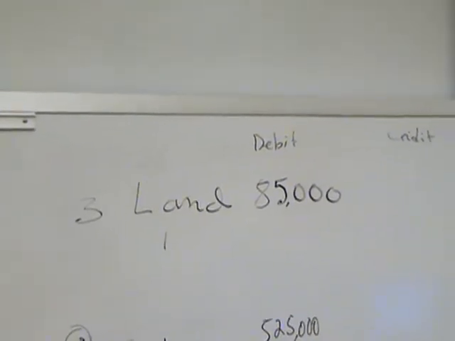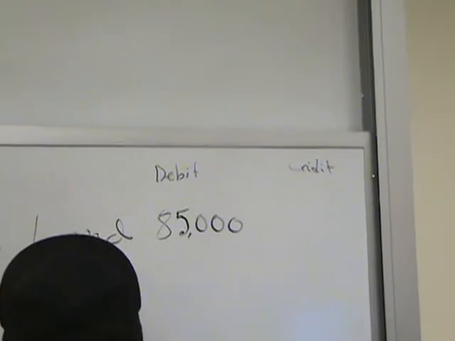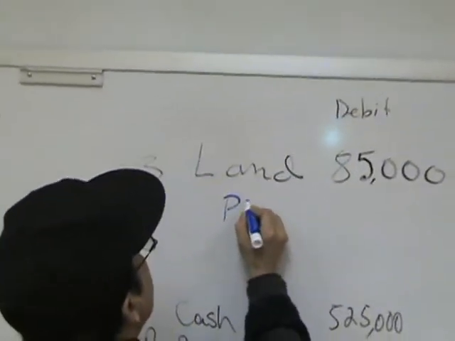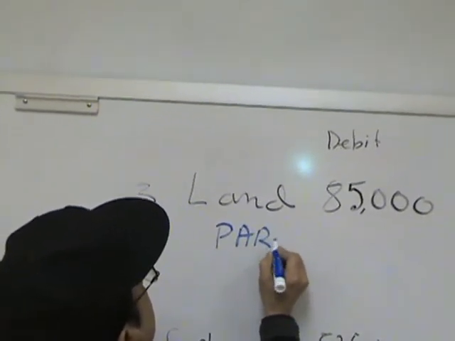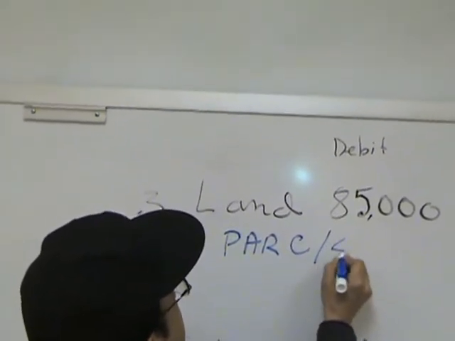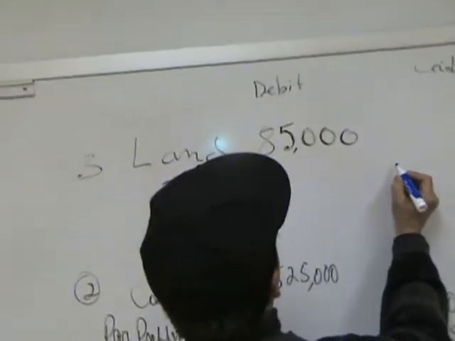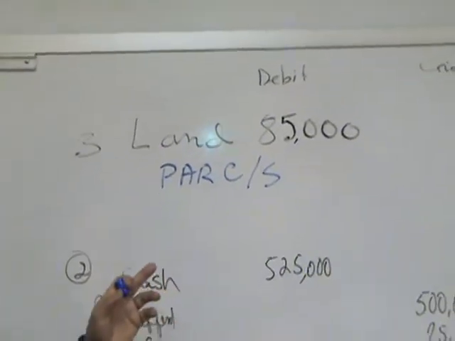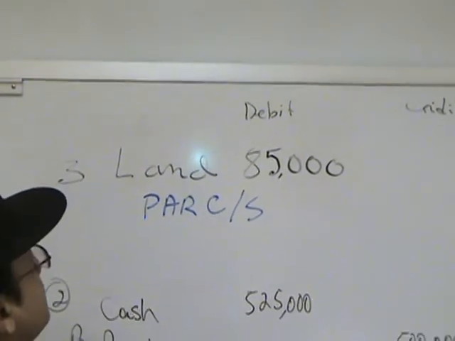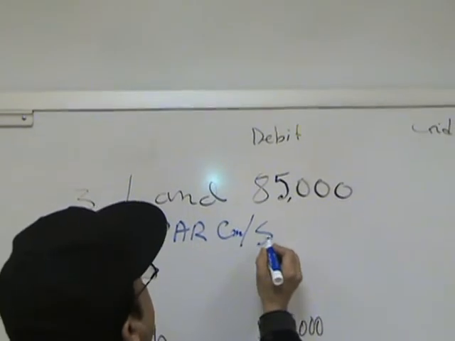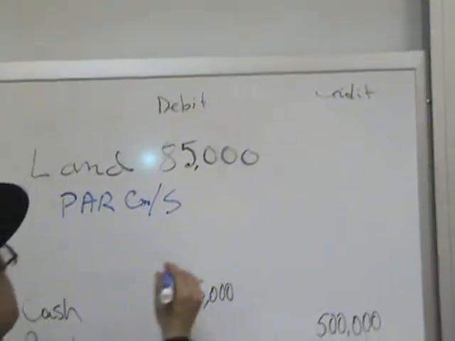Grab another one, use another black one. How about CM instead of CS to keep consistent? CM for common. Just erase that S. All right, par common stock.